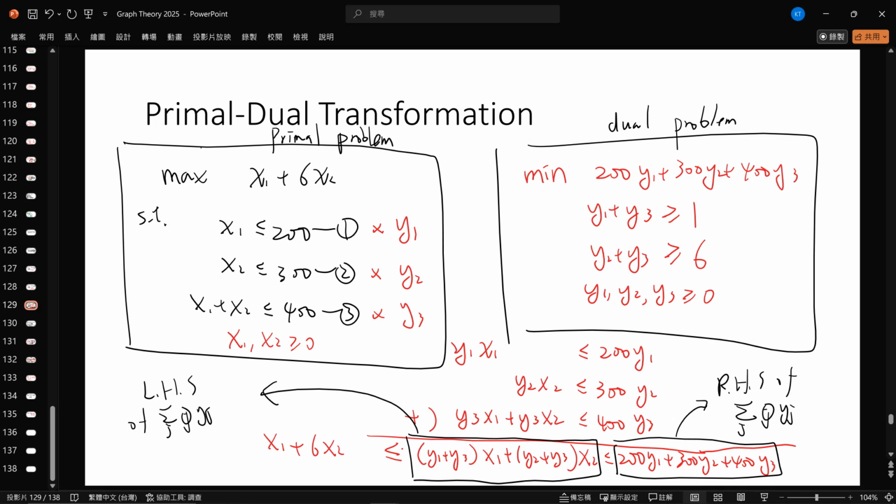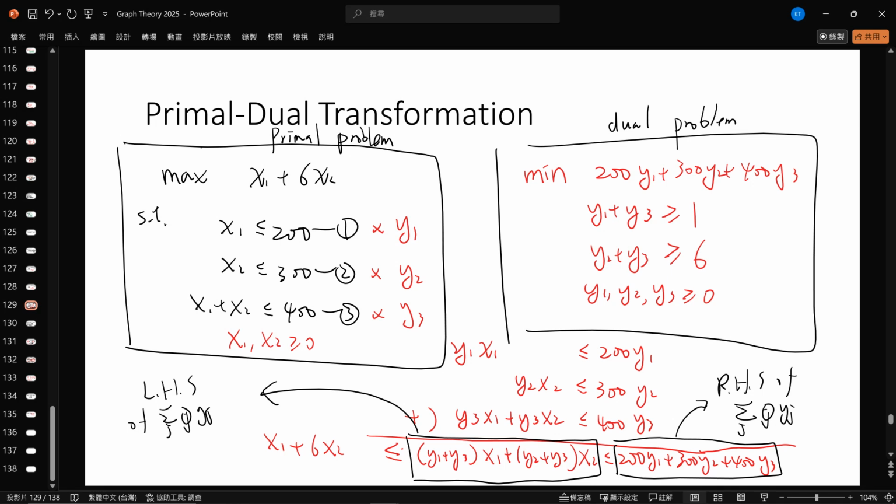Given these two constraints, the whole inequality gives us an upper bound for the original problem, the primal problem. Finally, because we multiply the constraints by these weights, we do not want to change signs.